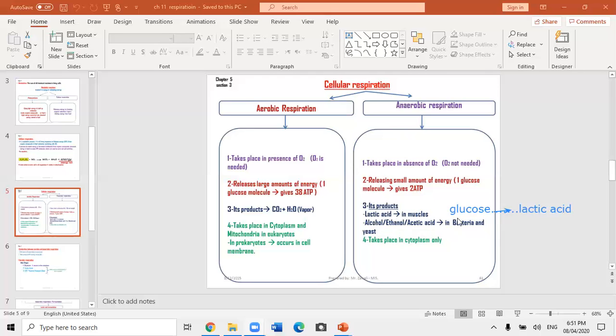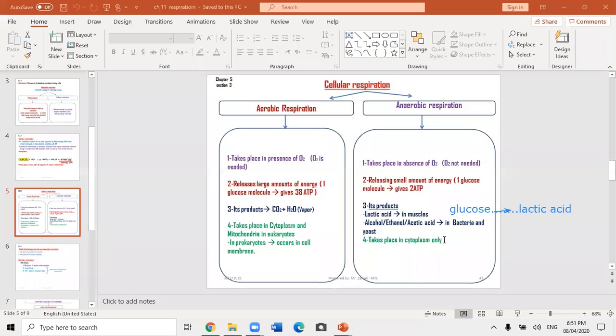For bacteria and yeast, glucose will be broken down anaerobically, without the presence of oxygen, into alcohol and carbon dioxide.